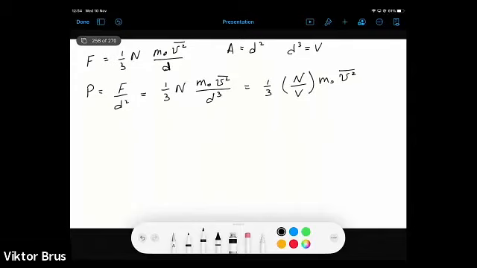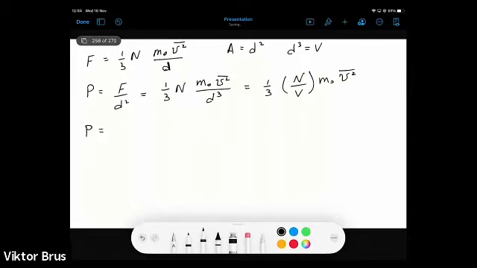So now if we multiply and divide this expression by 2, we can get the final equation for pressure in terms of microscopic parameters, mass of the molecule and its velocity.